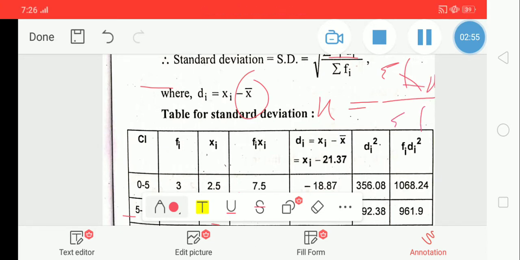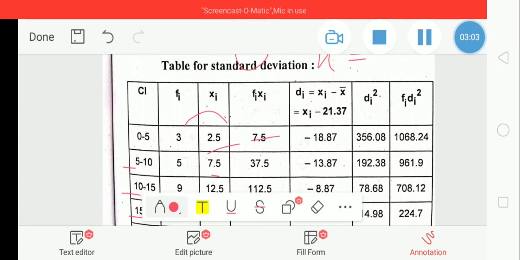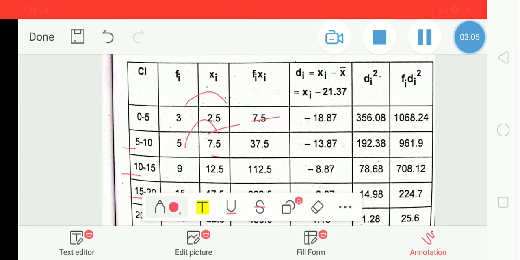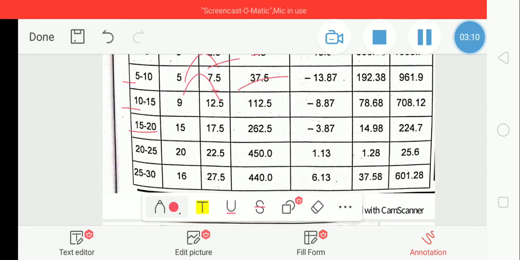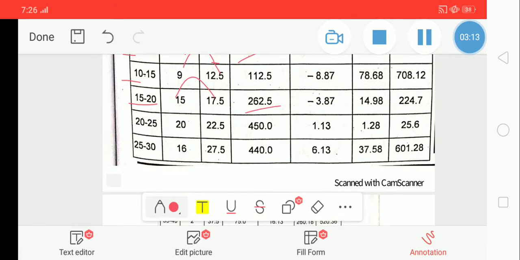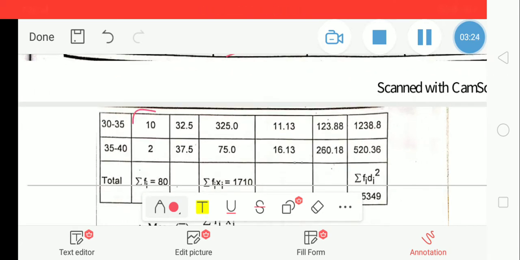So fi multiplied by xi: 3 multiplied by 2.5, so 7.5, and 5 multiplied by 7.5, 37.5. 9 multiplied by 12.5, so 112.5. 15 multiplied by 17.5, so 262.5. 20 multiplied by 22.5, so 450.0. 16 multiplied by 27.5, so 440.0. 10 multiplied by 32.5, so 325.0, and 2 multiplied by 37.5, so 75.0.